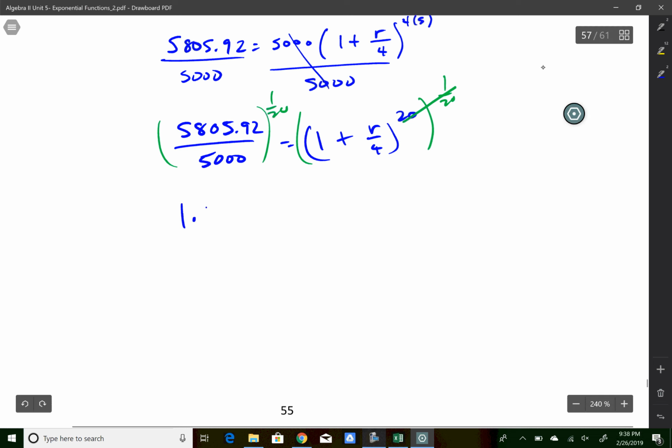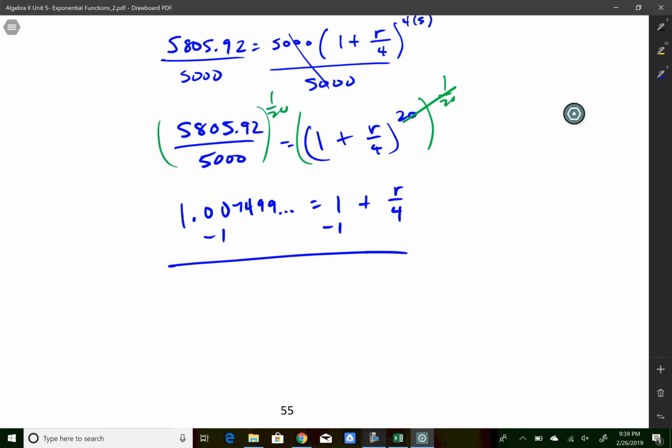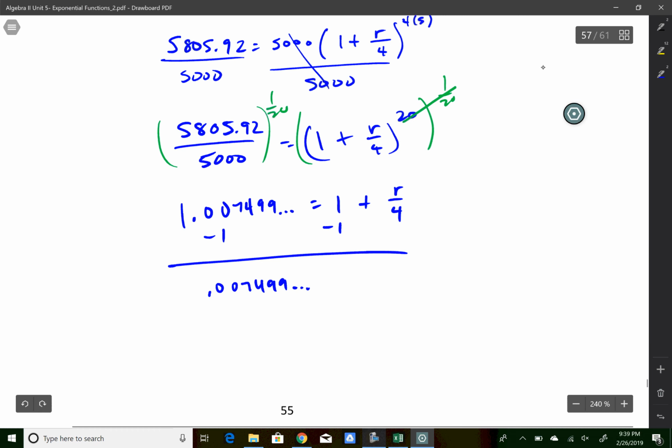So that's 1.00749... Leave that decimal in your calculator for a minute. Subtract 1. In your calculator, just hit minus 1, and you get 0.07499... equals r over 4.